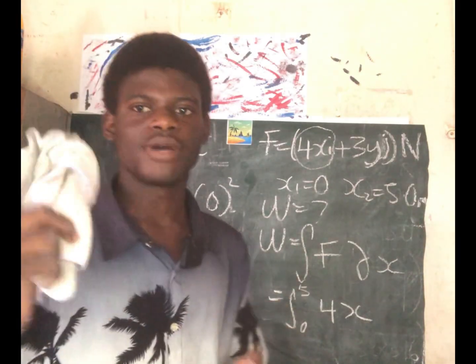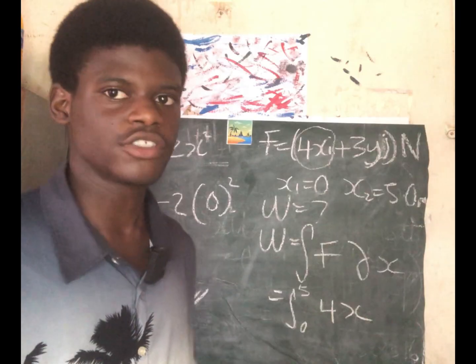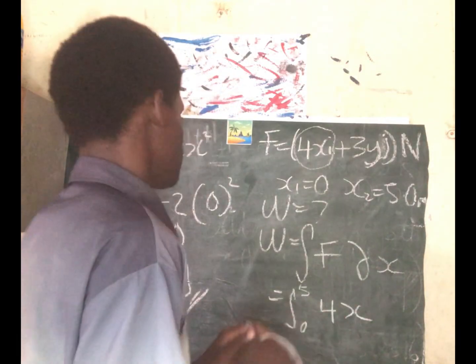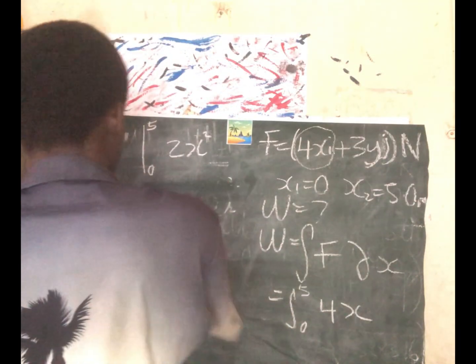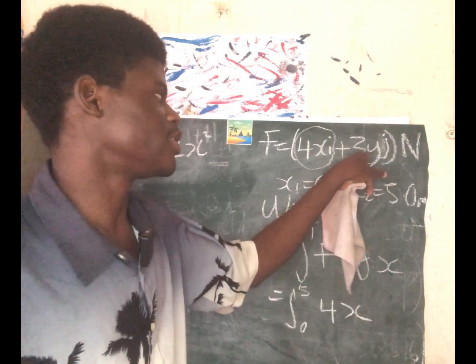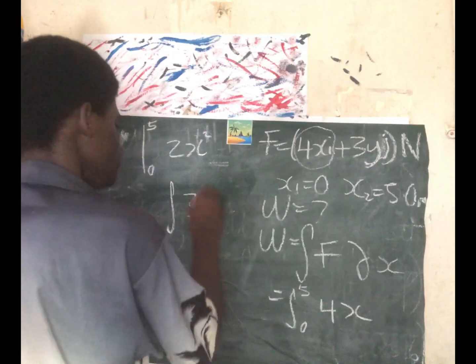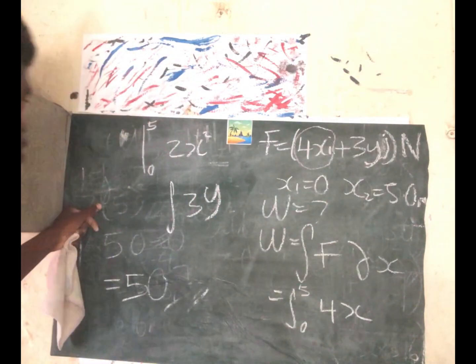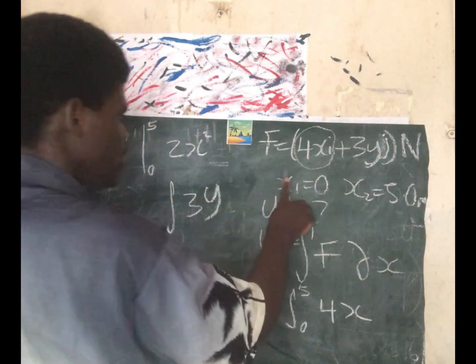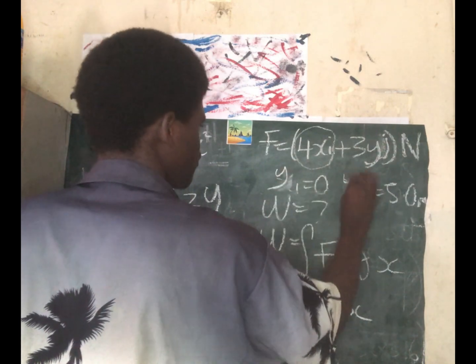Now let's imagine they ask us in the y direction. What we just need to do is integrate this 3y. Let me integrate 3y. Can you see the board? Let's say they asked us for the y direction, with y1 is 0, y2 is 5.